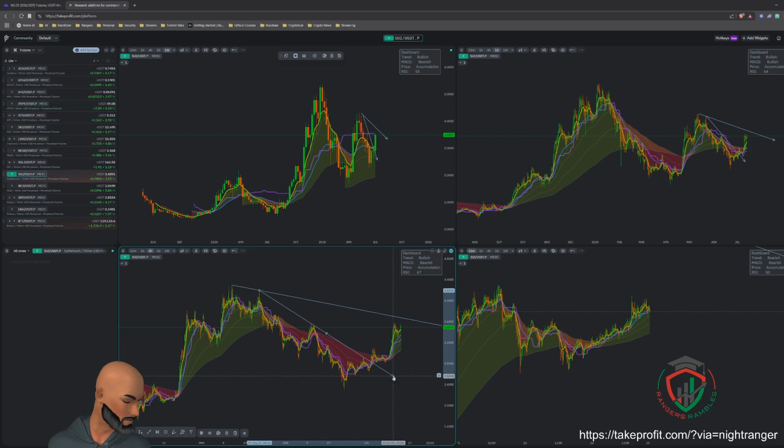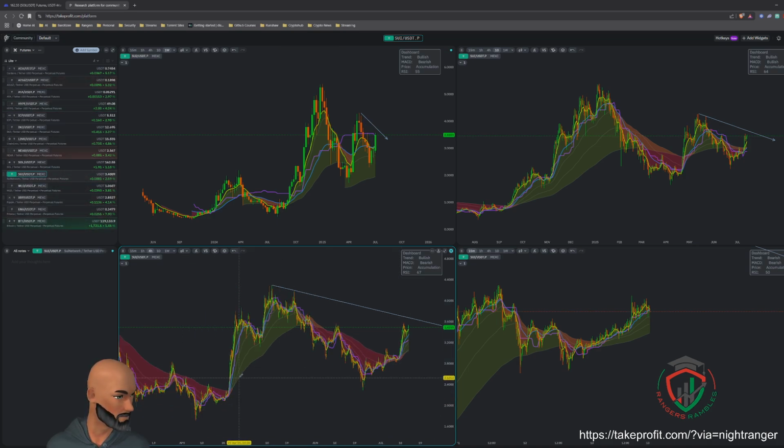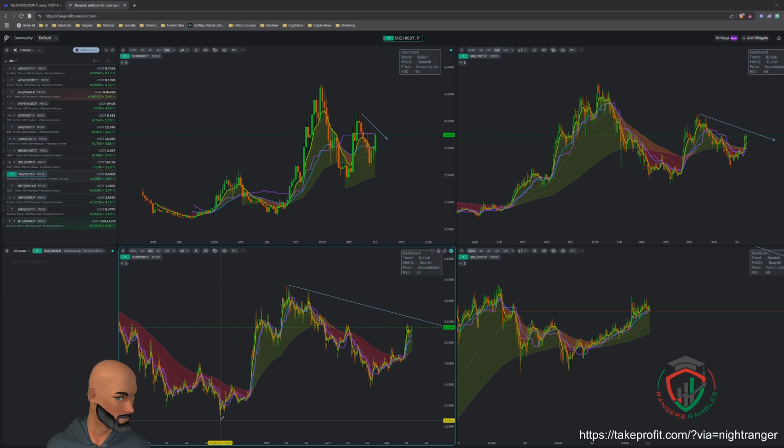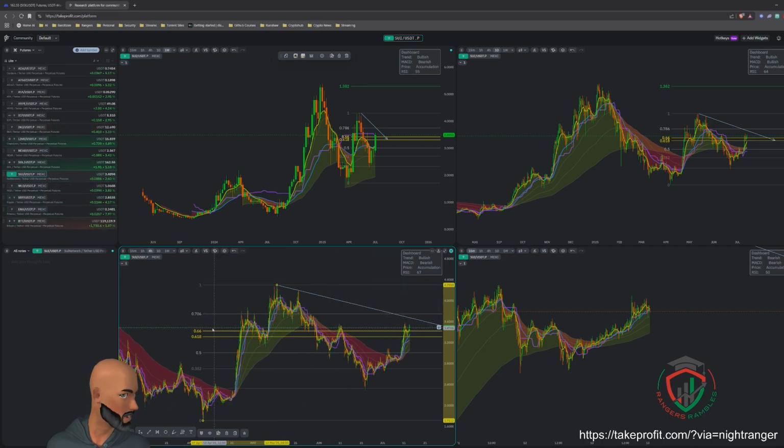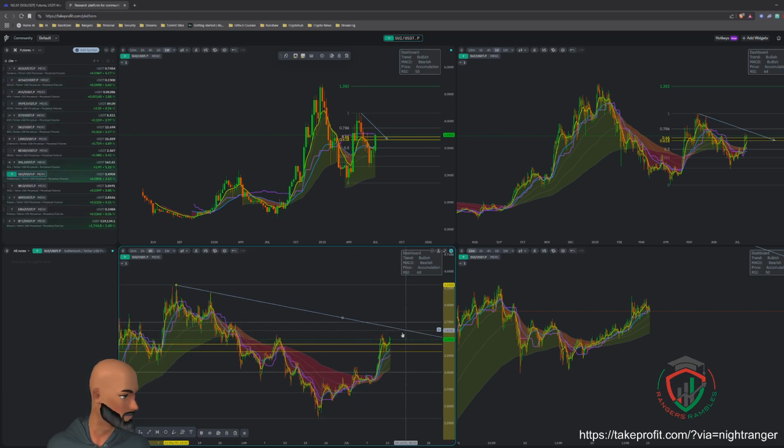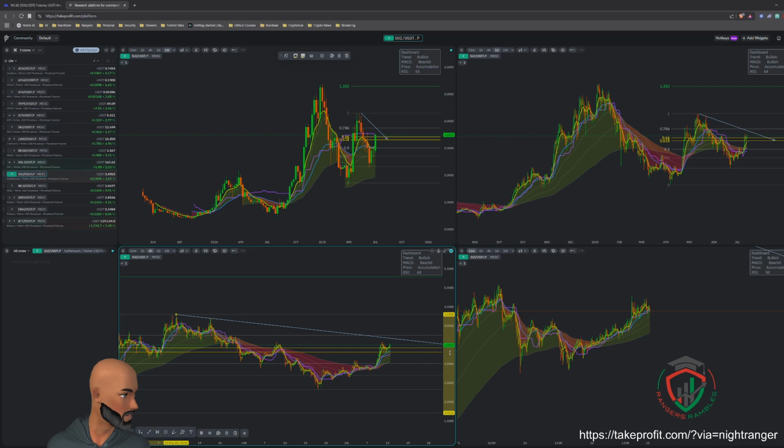How does Sui reflect on the Fibonacci? Okay, so based off that, it respects those levels quite well, and it's broken up on the golden pocket now.